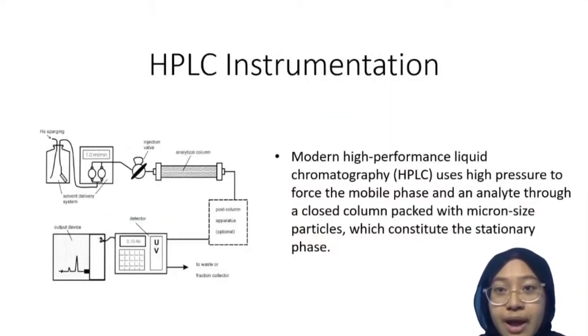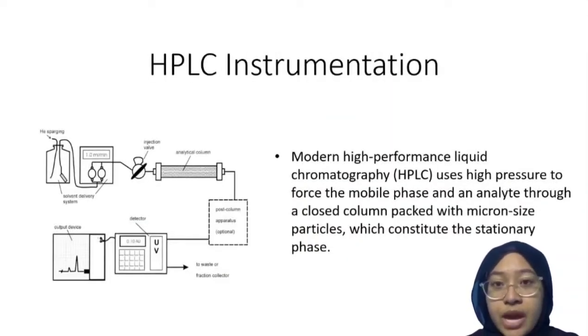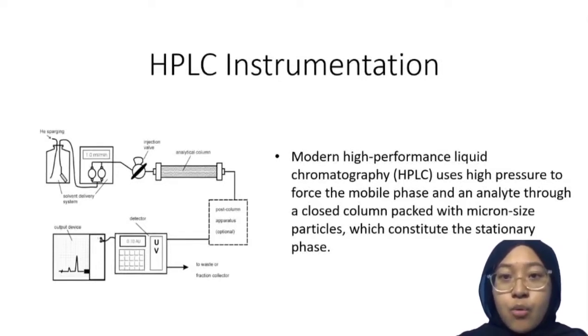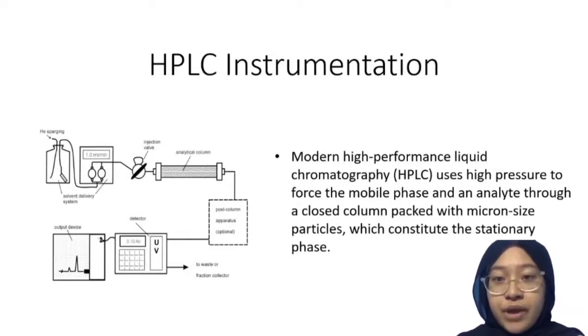Okay, now on to the next part, which is about the HPLC instrument. Modern high-performance liquid chromatography (HPLC) uses high pressure to force the mobile phase and an analyte through a closed column packed with micron-sized particles, which constitute the stationary phase.